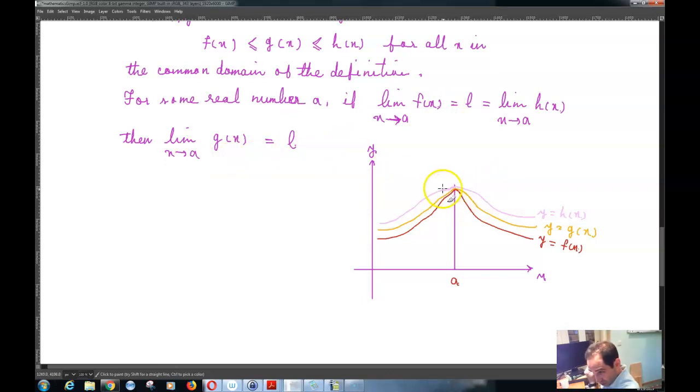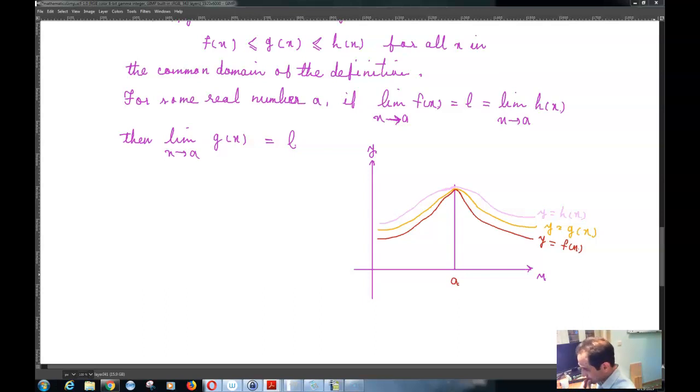Of course you would have to prove this, and the proof has not been given here. We are just taking this as it is, assuming that they have proved it and the theorem has no problem.